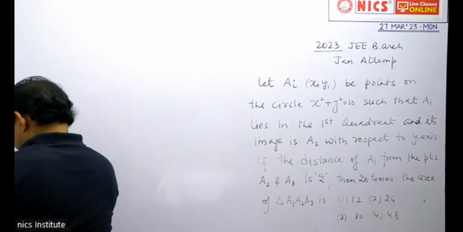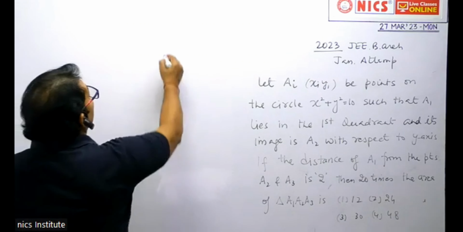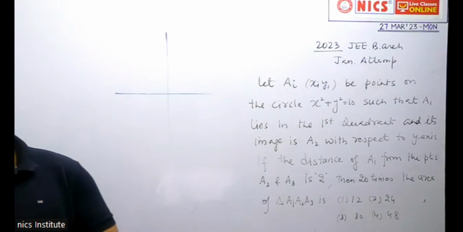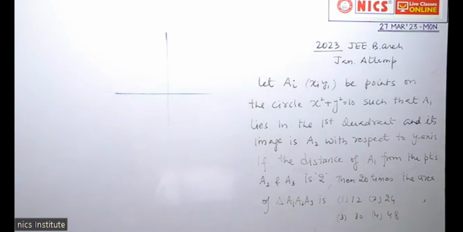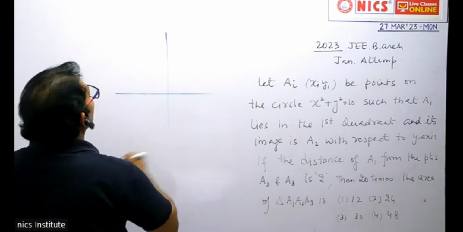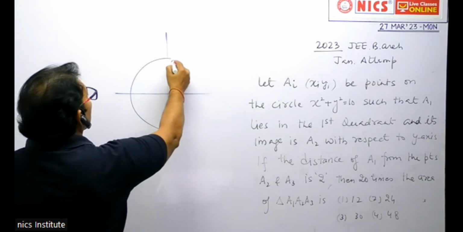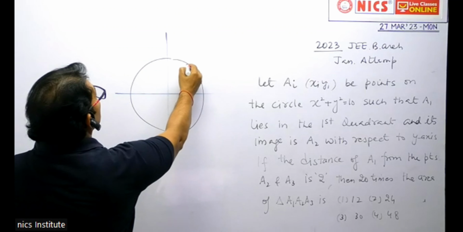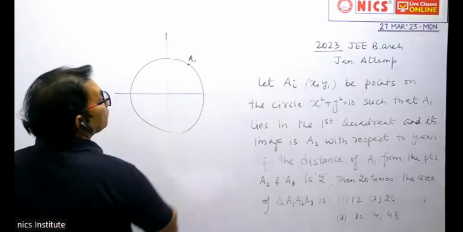So the first thing would be the diagram. Draw a circle. So this is A1.